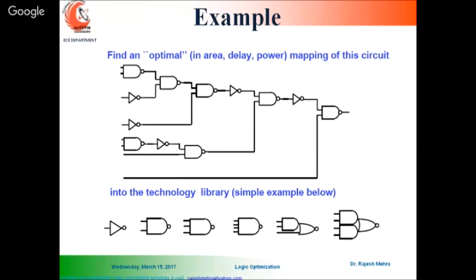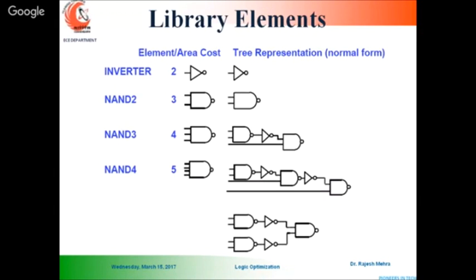You have an inverter, a 2 input NAND gate, a 3 input NAND gate, and a 4 input NAND gate is also there. Then there is one Boolean expression, another Boolean expression. So these are some components, and you have some equivalent components in the library, and you have to select from them. Now here you can see that the inverter is represented by an inverter only, right?